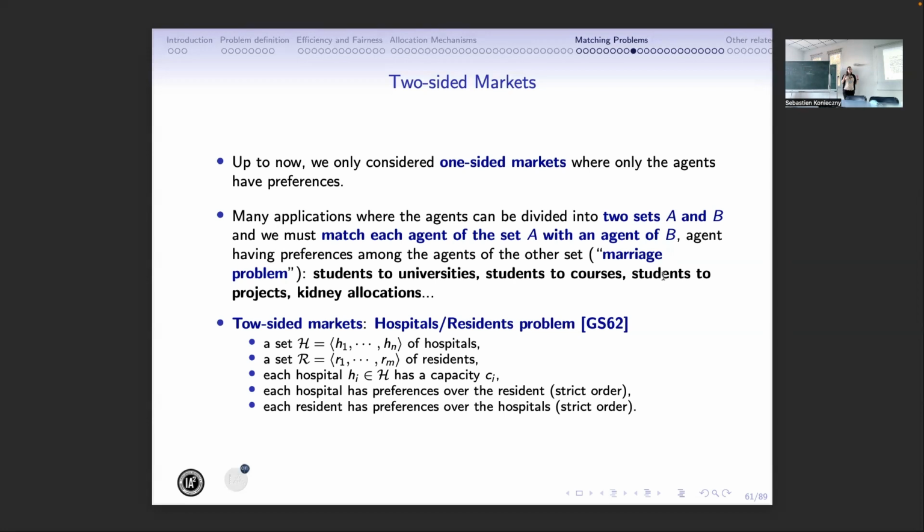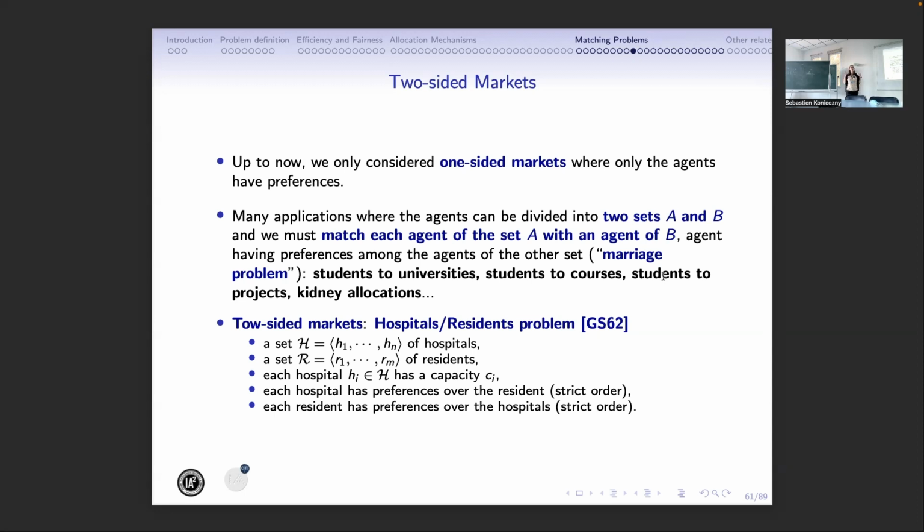But in some resource allocation problems, we have agents which have preferences over items, and these items are not objects, and they have preferences over the agents.